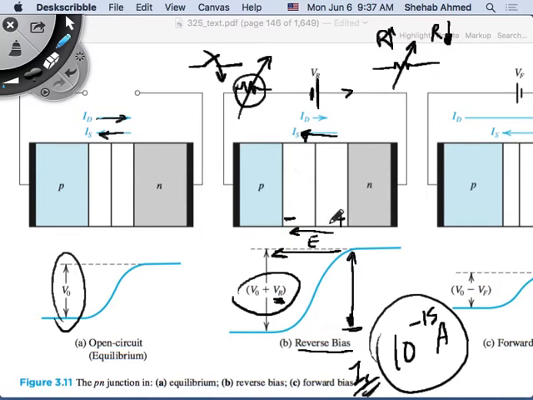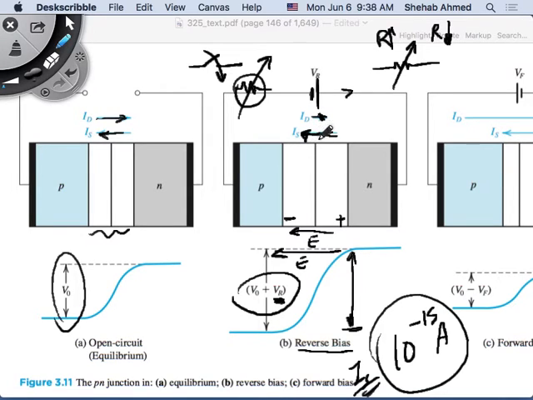Because I've created a higher electric field than the internal electric field that I had before, which was due to the barrier voltage. Now I have an additional voltage that is aiding the barrier voltage, creating a higher electric field. Hence, I prevent higher diffusion from happening, and I have higher drift, right? So I have higher drift current, less diffusion current.